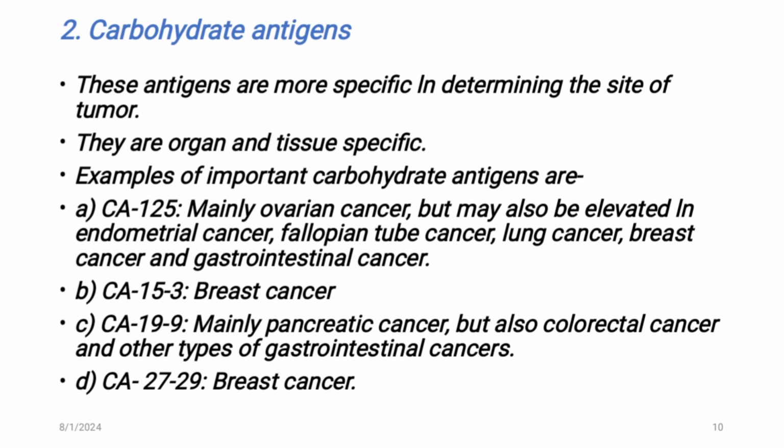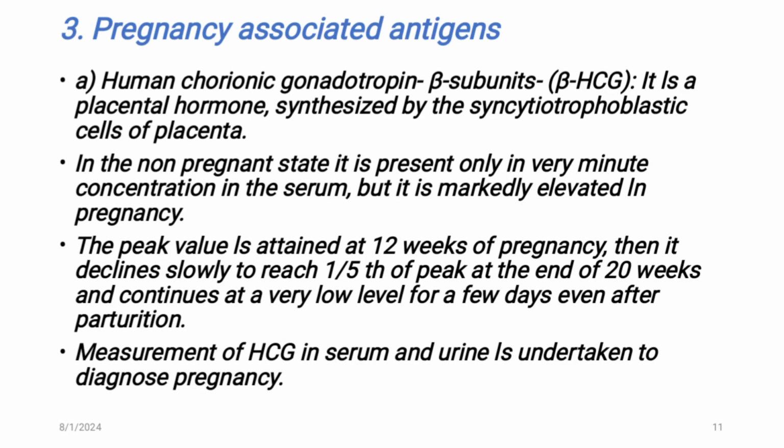Okay, so the next one we are going to start is the pregnancy associated antigen, that is the third class of the tumor markers in the body. The first type is the human chorionic gonadotropin beta subunit, also called beta HCG. It is a placental hormone synthesized by the syncytiotrophoblastic cells of the placenta.